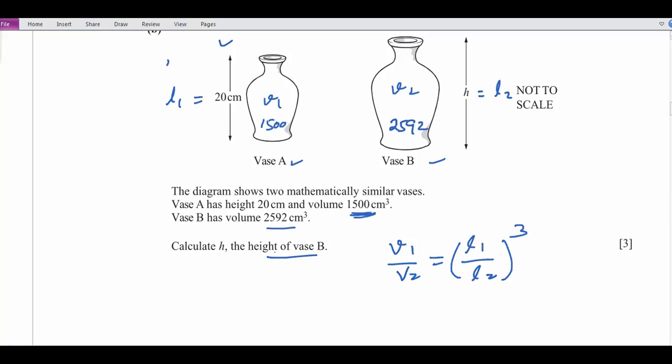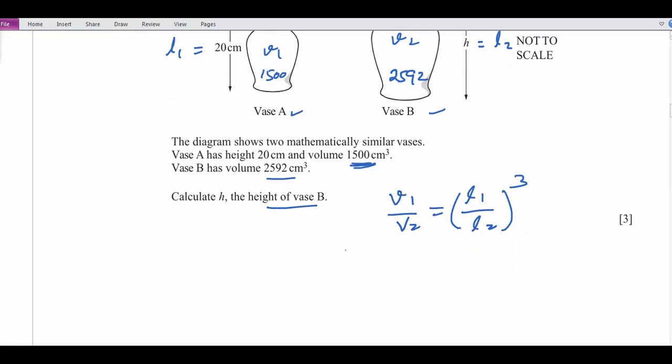And what we have to do, we have to find this. Now put the values. What is V1? V1 is 1500. V2 is 2592, equal to L1, which is 20, over L2, which is H, cubed. We have to find H.